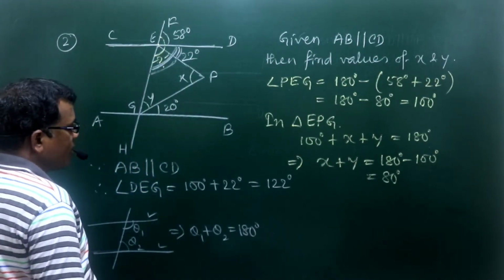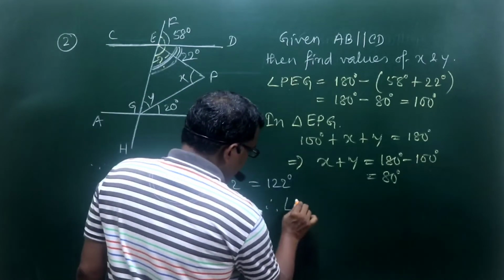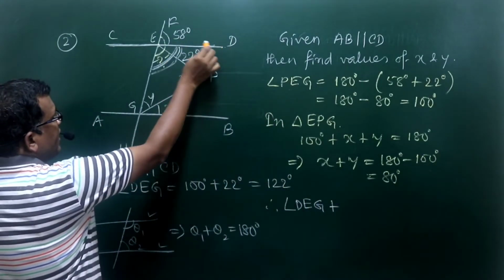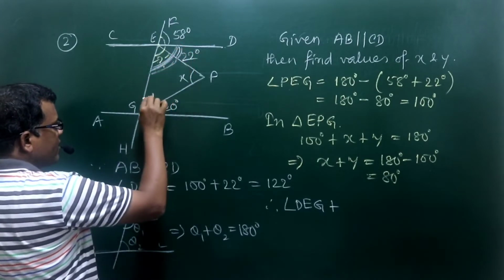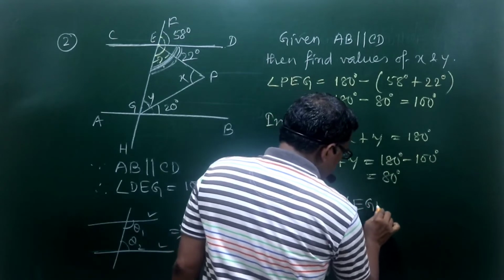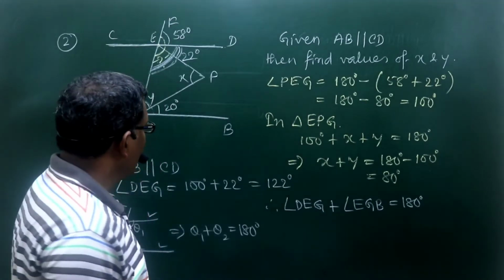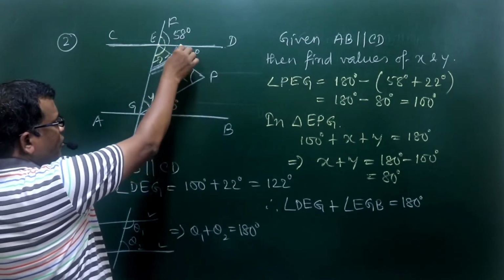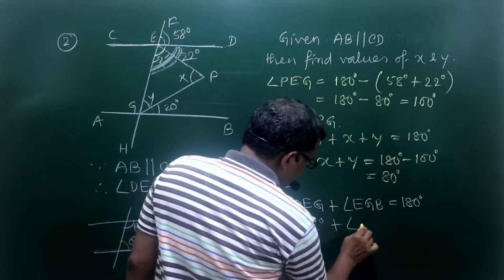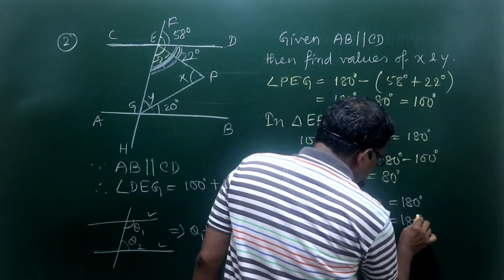So based on this concept, we can write down angle DEG plus angle EGB, this whole angle plus this angle, the sum of these two angles must be 180 degrees. Are you getting it? So if this is 100 plus 22 as 122, so this is 122 degrees plus angle EGB is equal to 180 degrees.